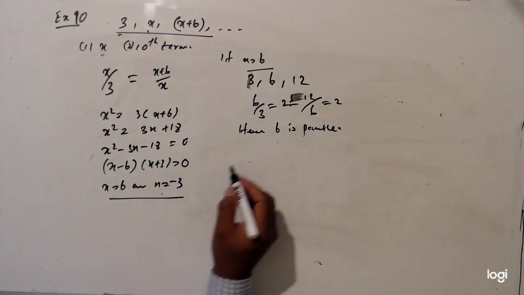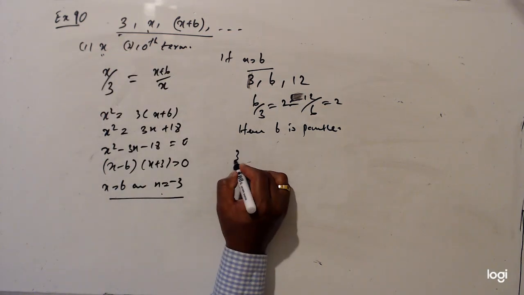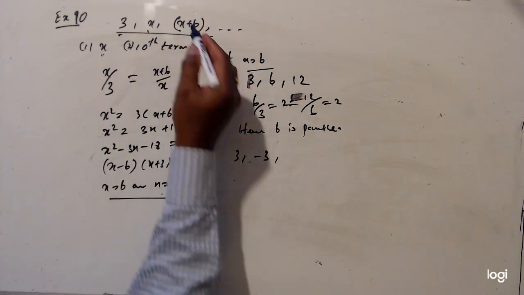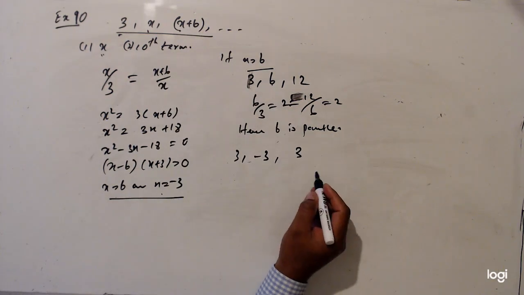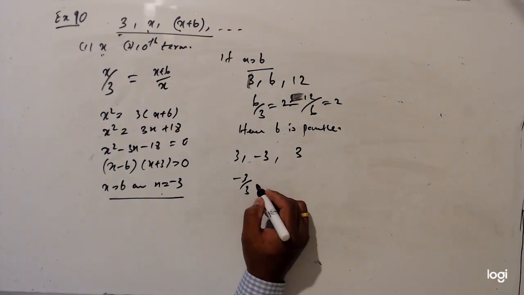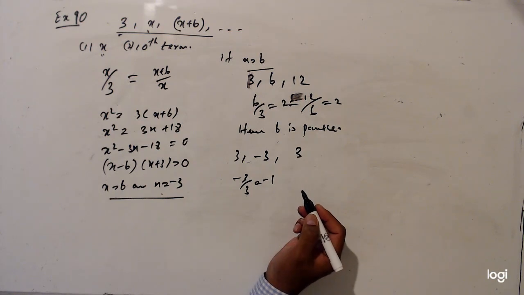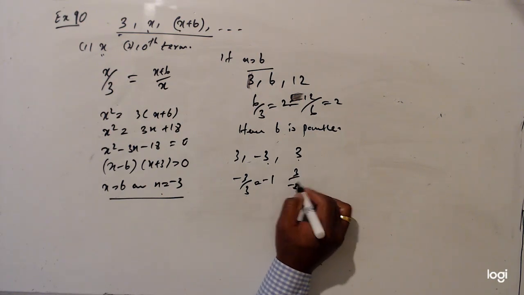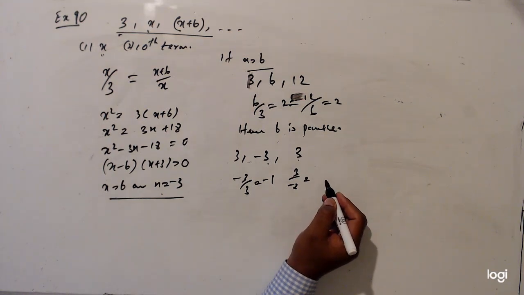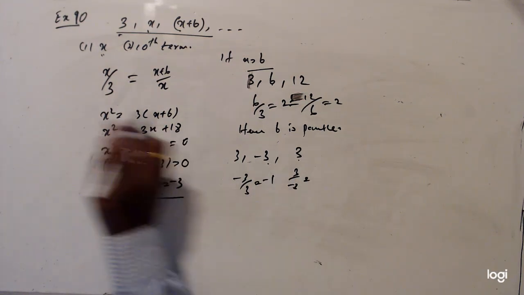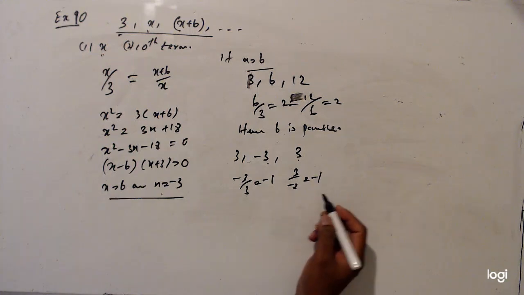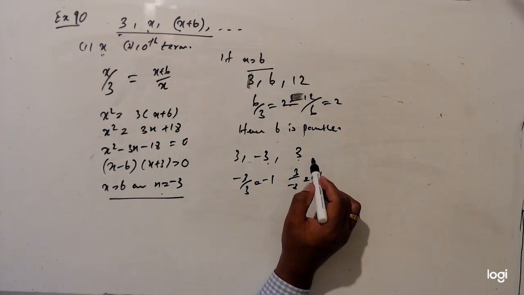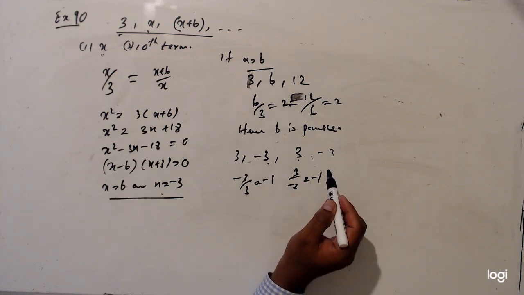So x equal minus 3. So this is 3, minus 3, and then minus 3 plus 6 is 3 again. So minus 3 divided by 3, minus 1, and 3 divided by minus 3 again, minus 1, and actually this is going to be an alternating sequence, 3, minus 3.